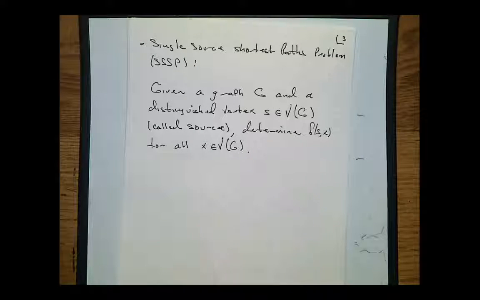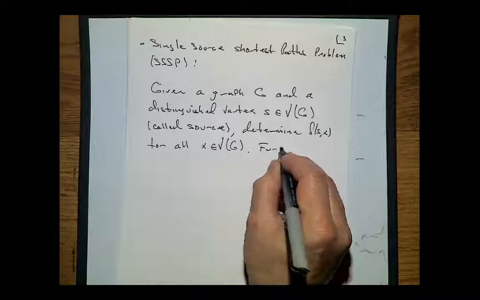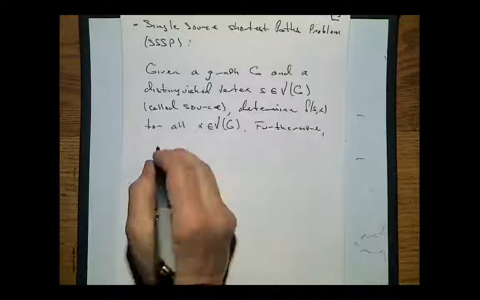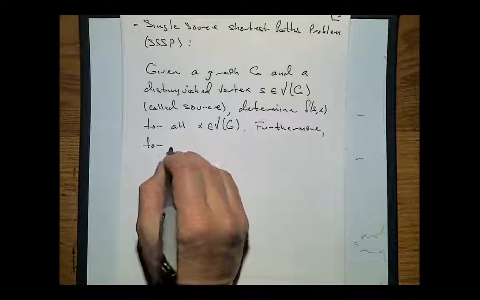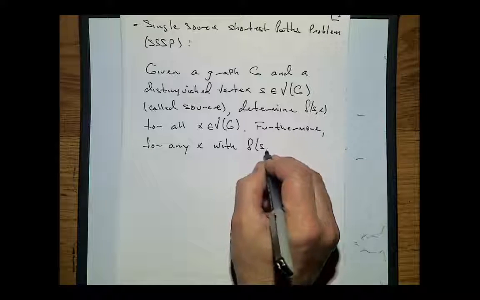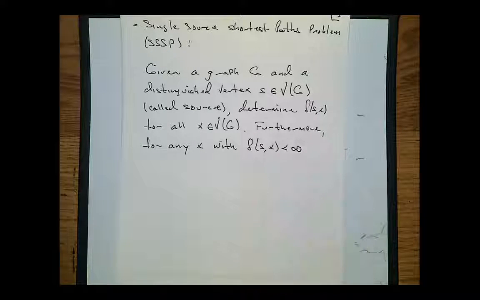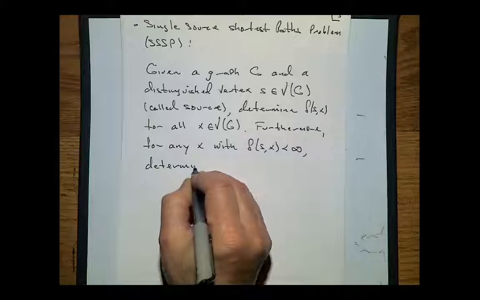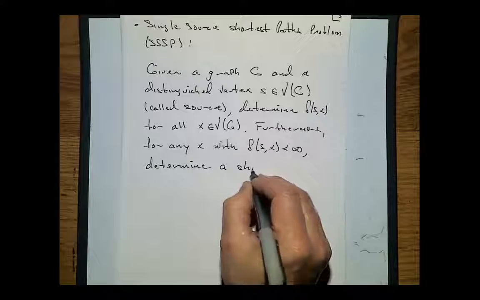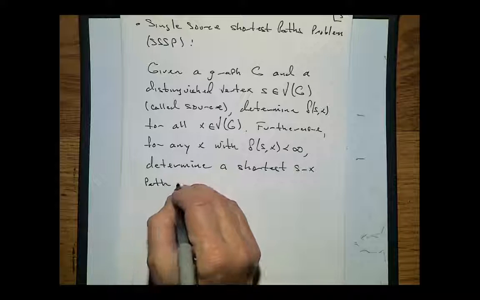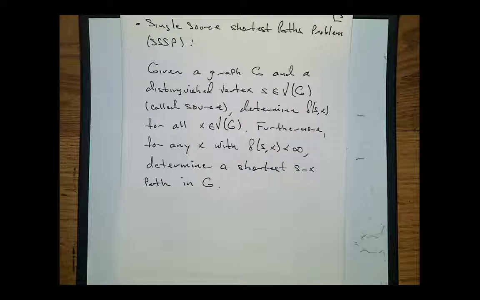So, given a graph, furthermore, for any x with distance from S to x finite, meaning x is reachable from S, determine a shortest SX path in G. Okay, so that's what you're going to solve.